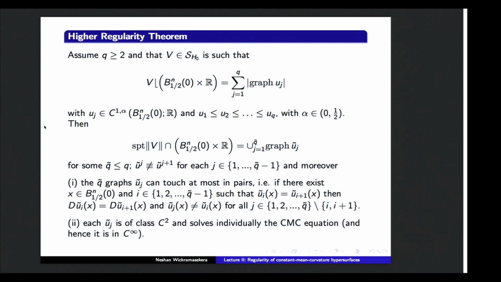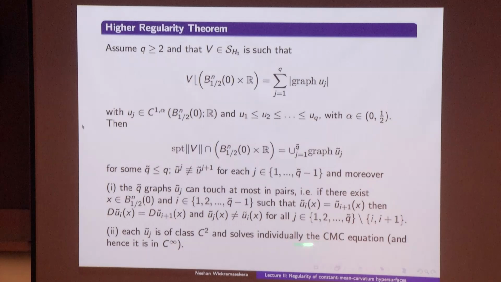And the theorem says that once you have C1,alpha graphs already, in the setting of the conclusion of the sheathing theorem, they are C2 and higher regular. That's really what it is saying. That statement is true for the support of the varifold. Okay? And then once you have that, every sheet solves the CMC equation and all the higher regularity follows.